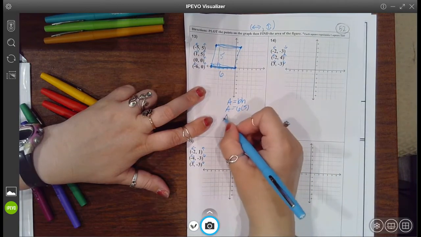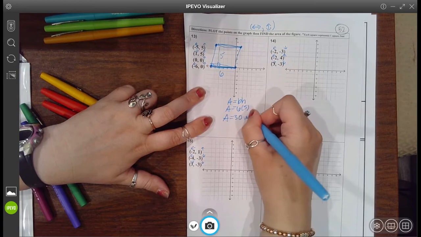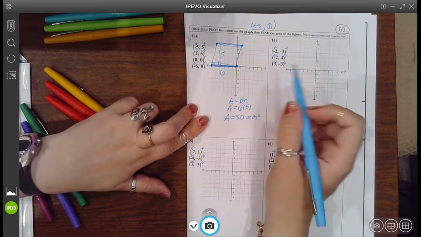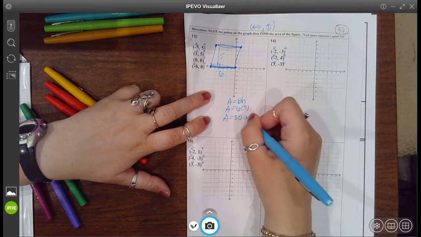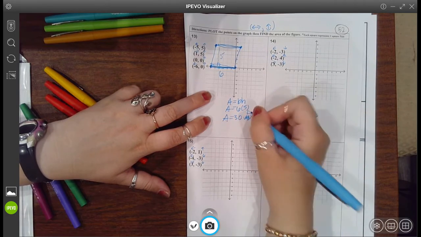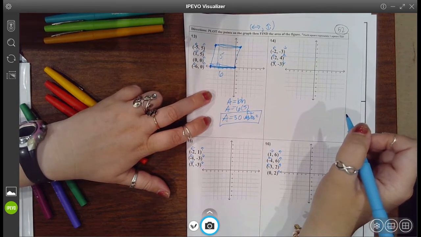So 6 times 5 is 30. If they don't tell you units, you would go units squared, but they actually said each square represents 1 square foot. So let's put it as feet squared. 30 feet squared for the first one.